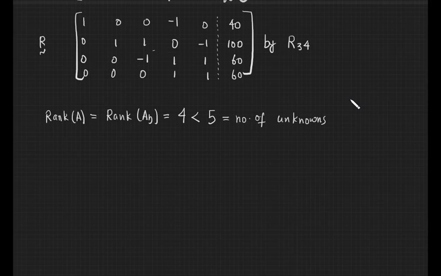We have got 5 unknowns, x1, x2, x3, x4 and x5, and the rank of matrix A and the augmented matrix is 4. Since the rank of A and the augmented matrix is the same, the corresponding system of linear equations has a solution, that is, a consistent system. But since the rank is less than the number of unknowns, there should be infinitely many solutions. So the system is consistent and it must have infinitely many solutions.